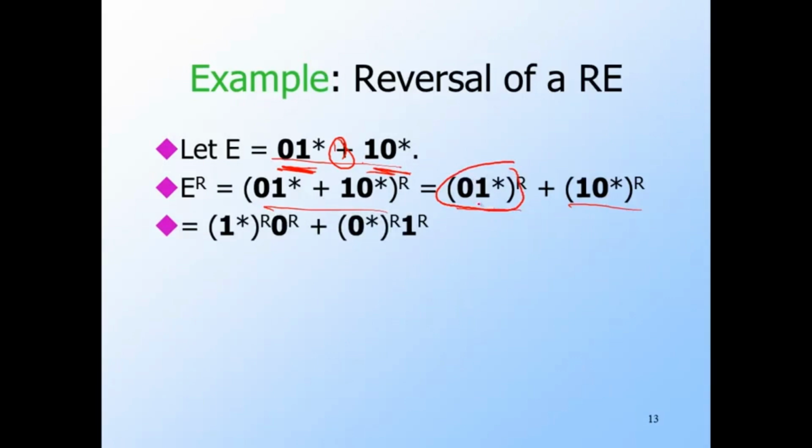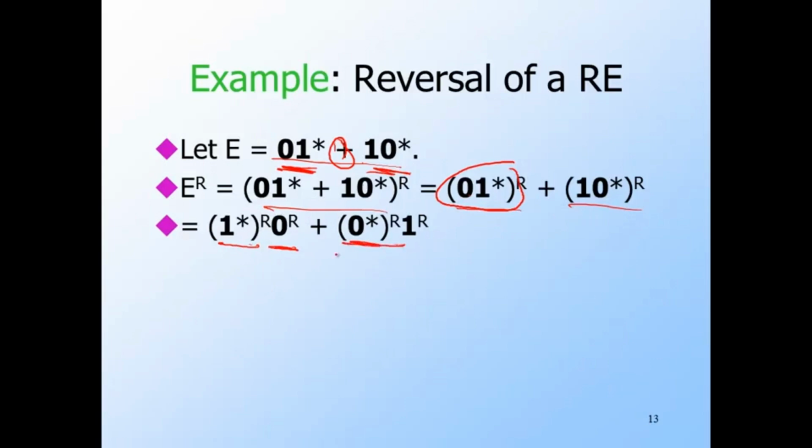So the way we reverse a concatenation is to reverse each of the component expressions and put them in reverse order. So 0, 1 star, its reverse is 1 star reversed followed by 0 reversed. The other expression, 1, 0 star, which must be reversed, is handled the same way.